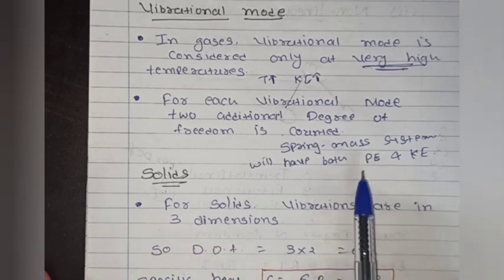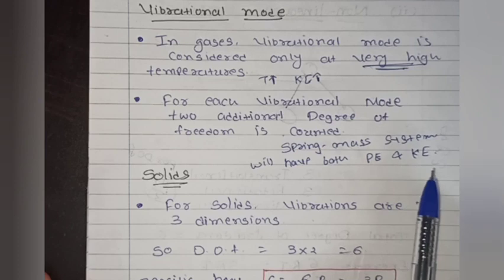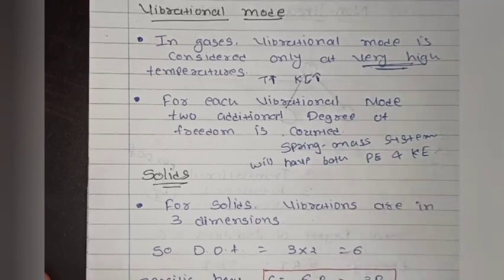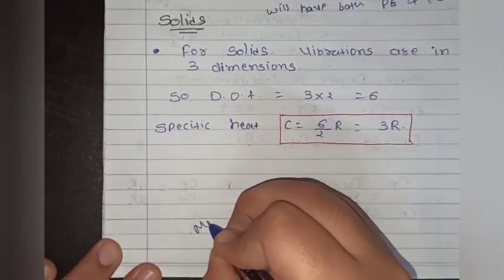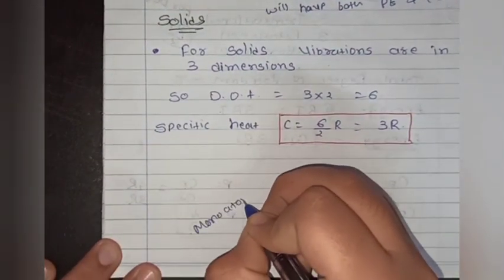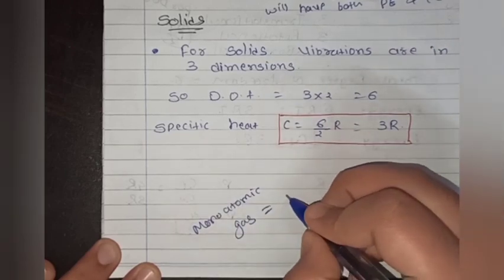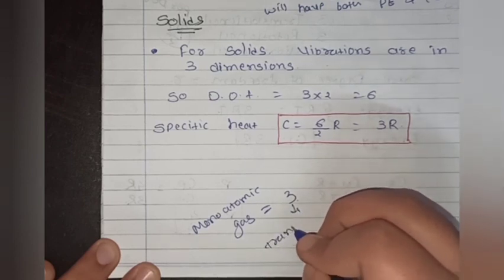So whatever degrees of freedom you remember for monoatomic, diatomic, triatomic, add 2 to each of them to consider vibrational mode. For example, for monoatomic gas, there are a total of 3 degrees of freedom, 3 translational.